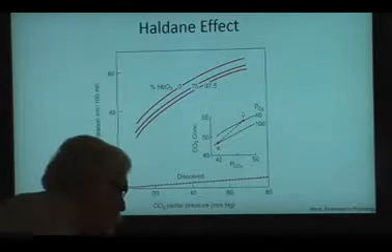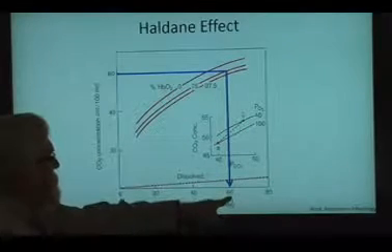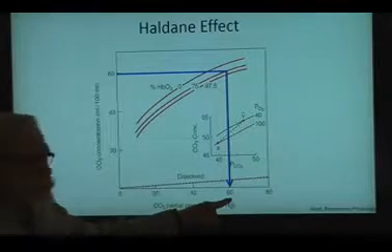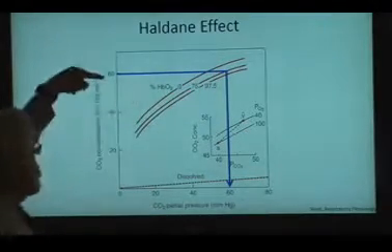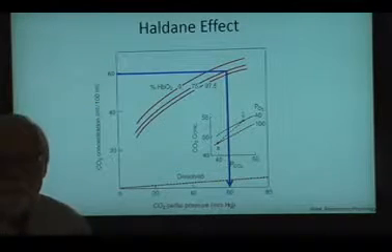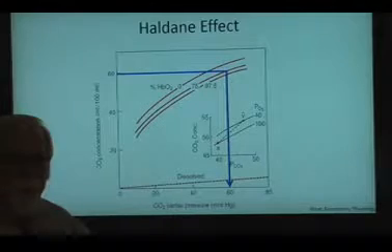So, for example, imagine your patient with COPD with a PCO2 of 60, that relates to a total CO2 concentration of 60. And the units are what? Milliliters per 100 milliliters of blood.